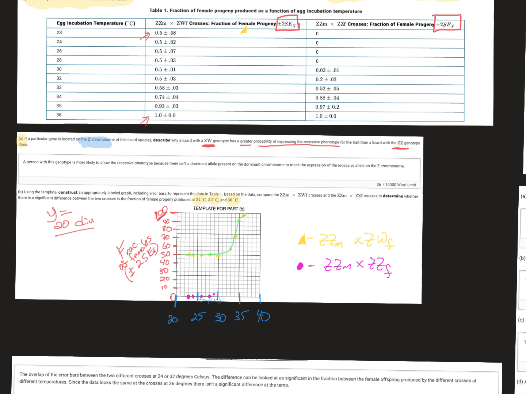Oh wait, did I mess that up? At 28, it's still 0. I don't even know what I was reading. Sorry about that. At 28, it's still 0. Still 0.